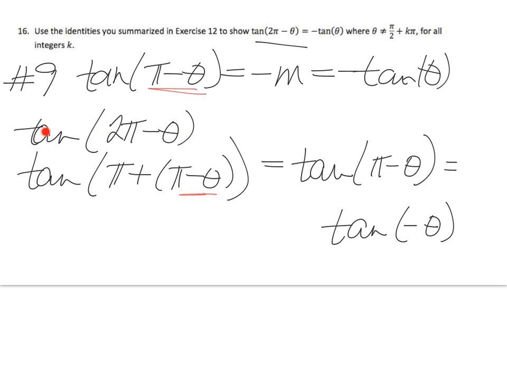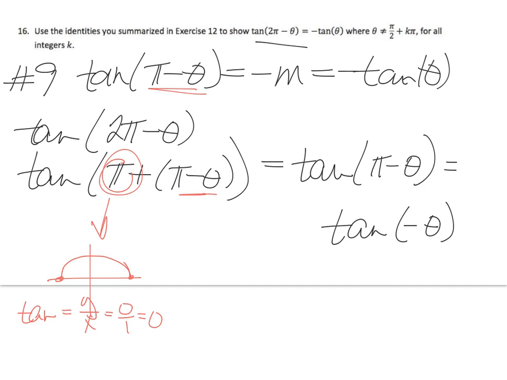The problem we're looking at, I broke it up into tan of pi plus pi minus theta, which is 2 pi. So if we look at just tan of pi, I drew myself a little picture here. Pi is 180, tan is y over x. At 180, y is 0, x is 1, so tan of pi is 0.